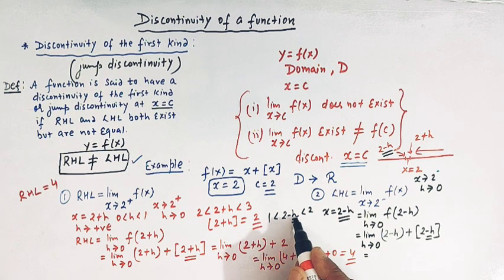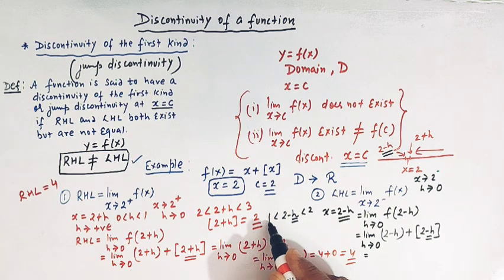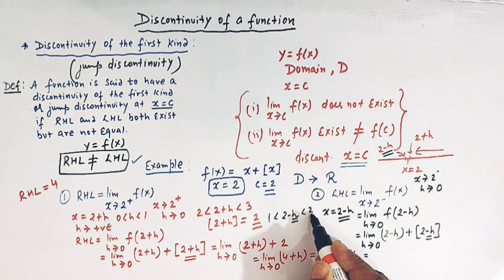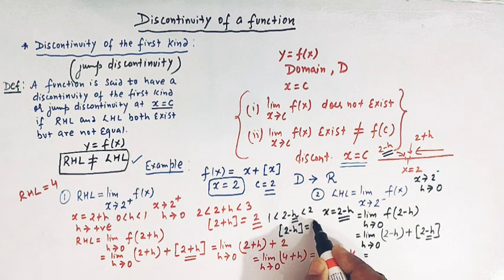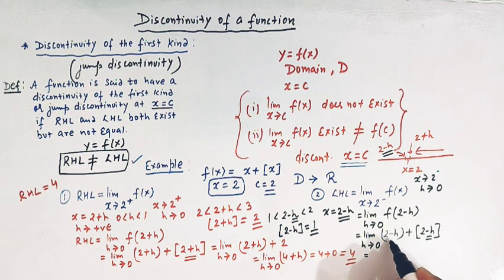When we subtract h from 2, this quantity is greater than 1 but less than 2. So the greatest integer of 2 minus h is equal to 1. So we have limit h tends to 0 of 2 minus h, and for the greatest integer of 2 minus h we can write 1.